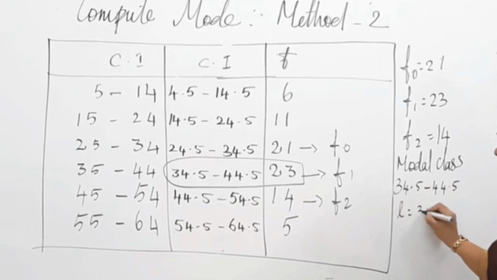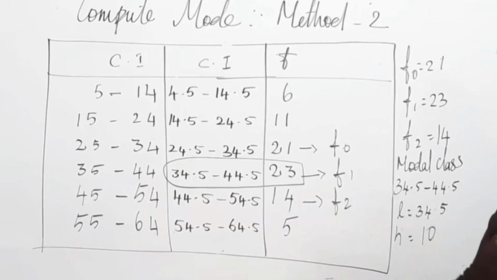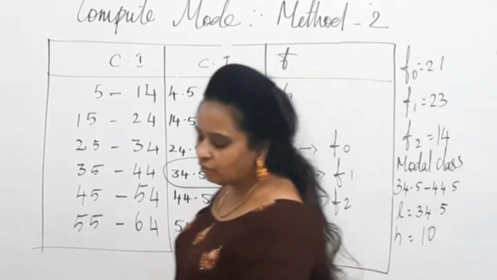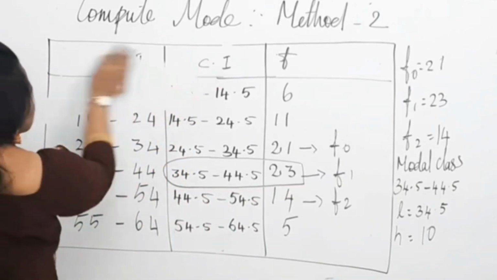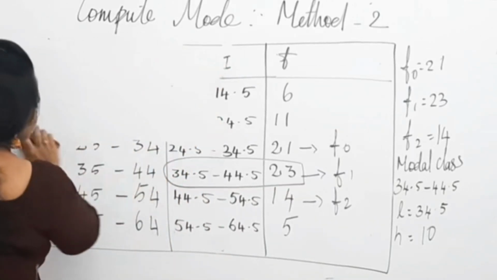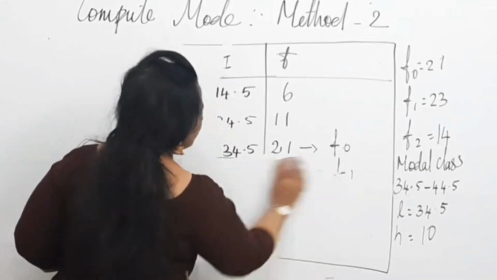So my L is equal to 34.5 and my H becomes 10 here. 14.5 minus 4.5 is nothing but 10. So I would go for substituting my values in my formula and I get my mode.